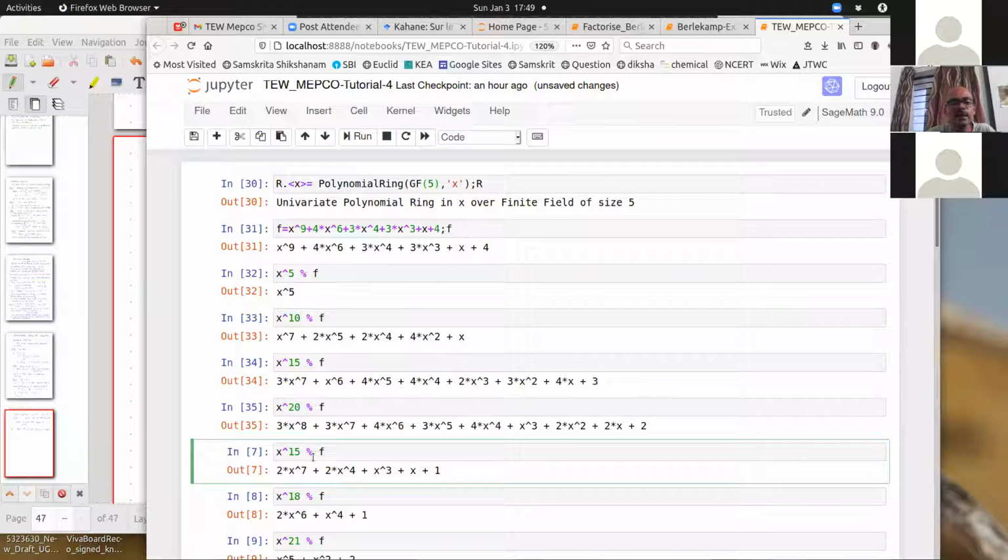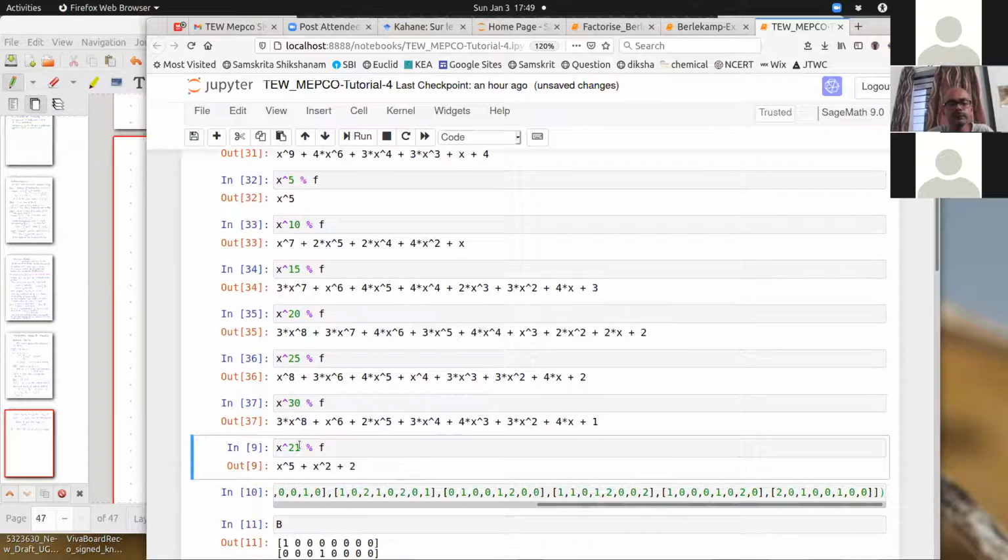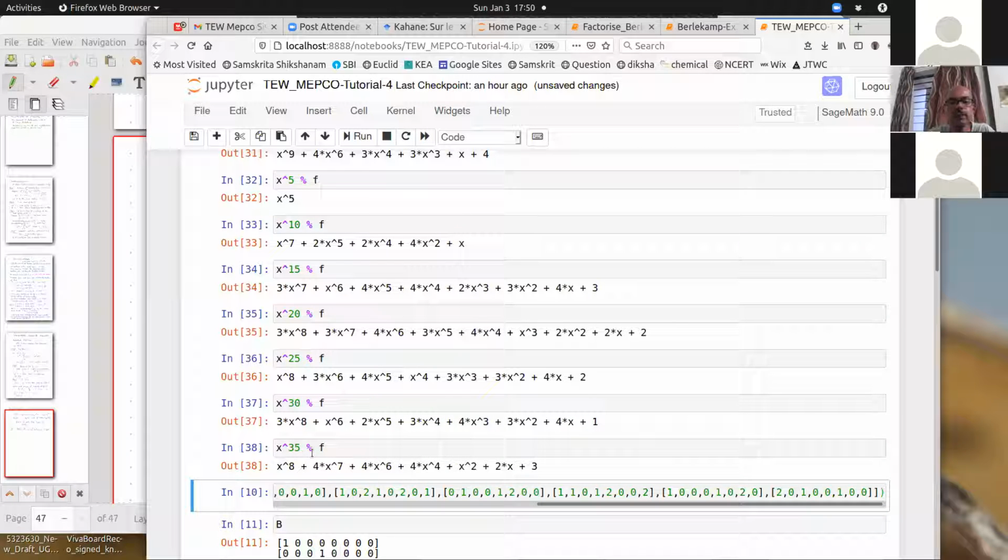Yes, we are going to get a large matrix. Since the degree is 9, we have to go up to 8 multiples of 5, which is 40. So 25, 30, 35. Yes, we need one more, so I would just add one.